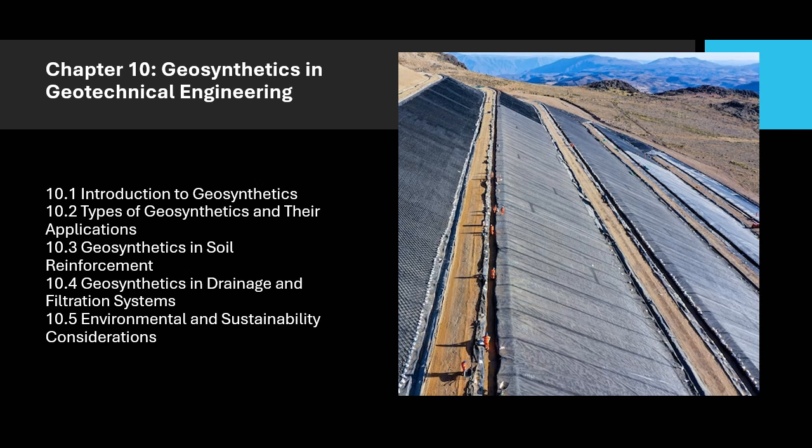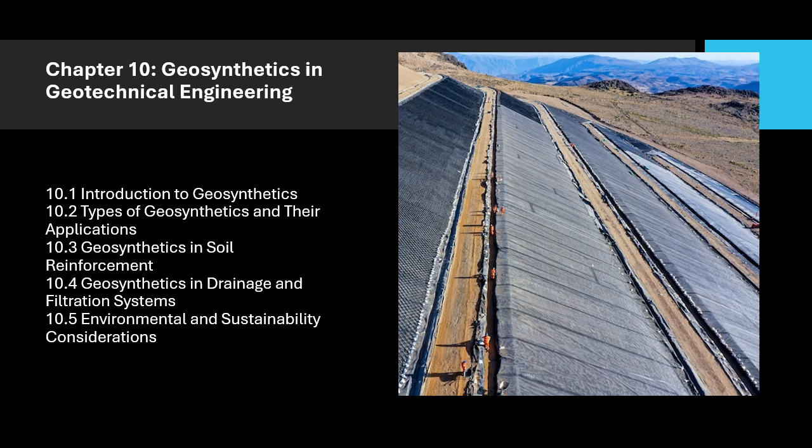Filtration. Geotextiles act as filters in drainage systems, preventing fine particles from clogging drainage pipes or structures while allowing water to flow through. 4. Erosion control. Used on slopes, embankments, and riverbanks, geotextiles prevent soil erosion by stabilizing the surface and encouraging vegetation growth.